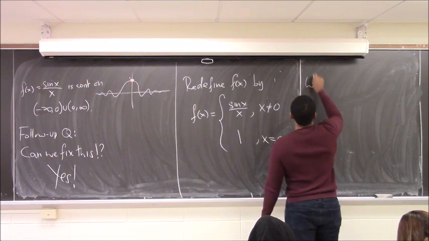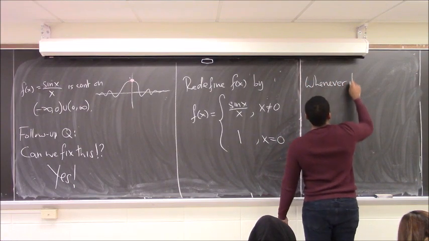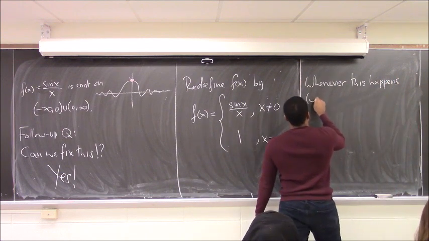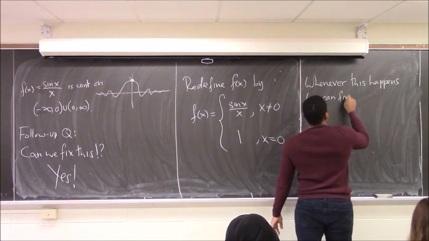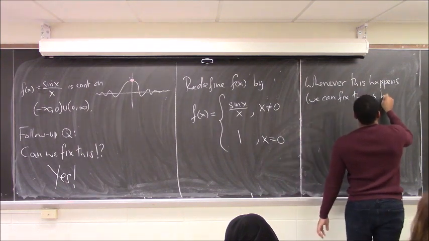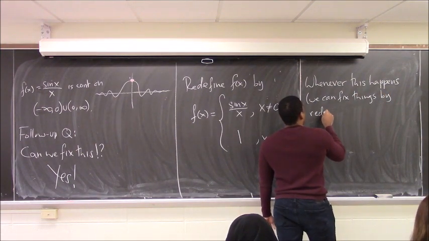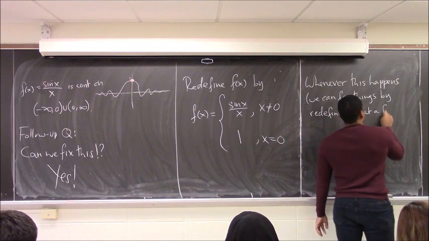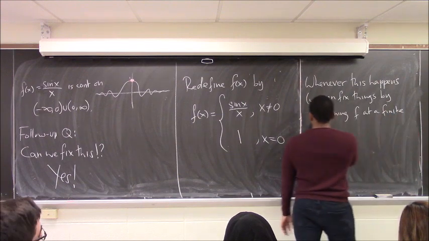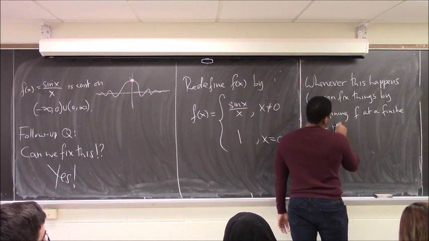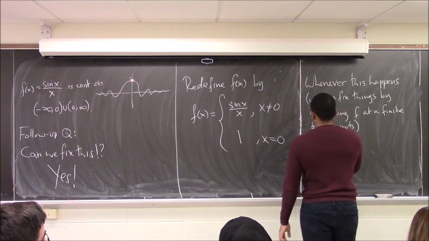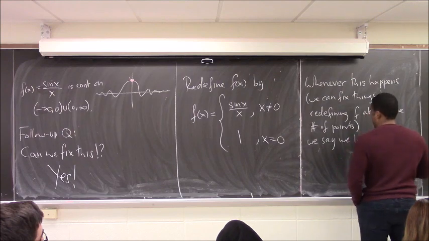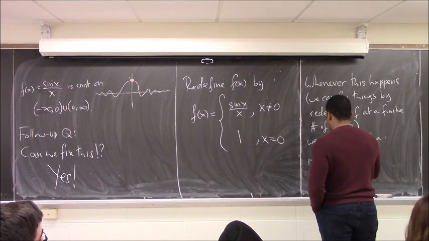So whenever this happens, that means we can fix things by redefining f at a finite number of points, we say we had a removable discontinuity.